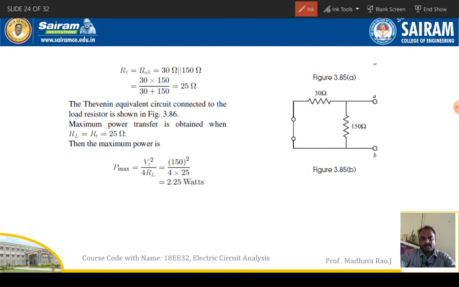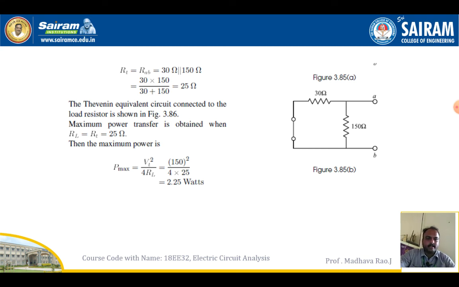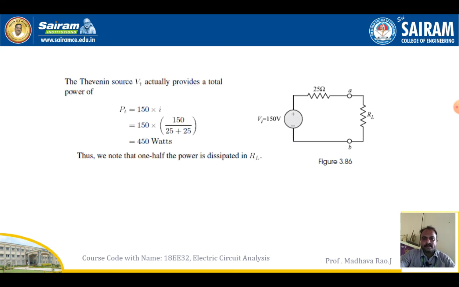So next, the power delivered. The total power dissipated from this source is PT, equal to 150 into I. So I is 150 by 25 plus 25, which is 150 by 50, that is 3 amperes. Thevenin's source Vt actually provides the total power.